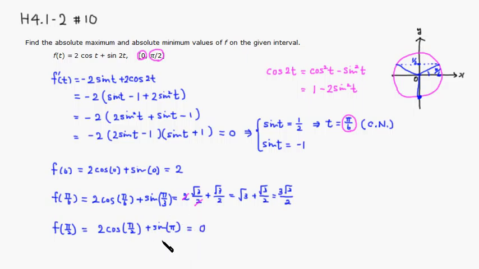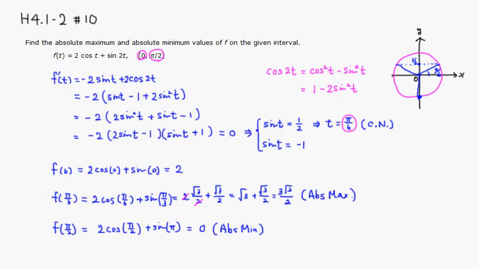So you can see that the smallest value would be this one, so this is the absolute minimum. Then the largest value, I think this is bigger than 2, so this is going to be the absolute maximum.